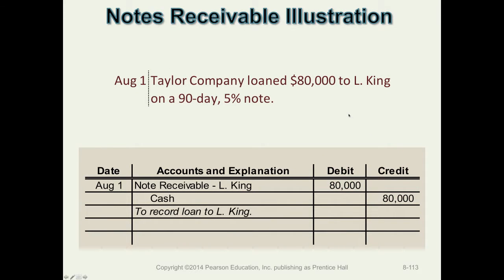So let's assume that Taylor Company had extended credit for $80,000 to L. King Company on a 90-day 5% note. On the date that the note was issued, there was a debit to the note receivable and a credit to cash.